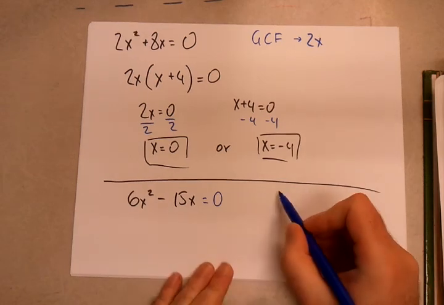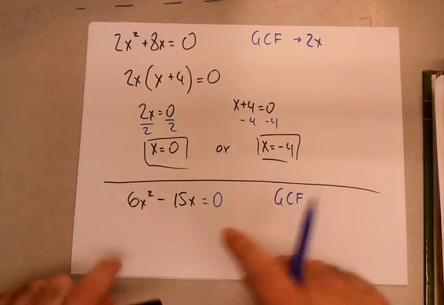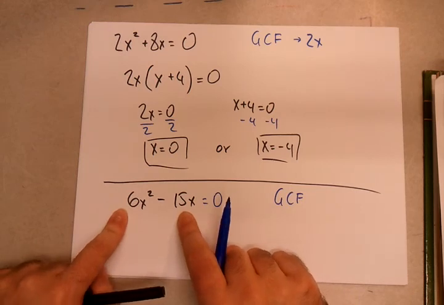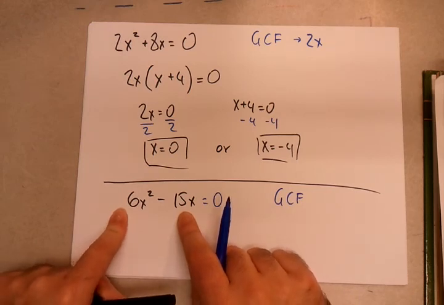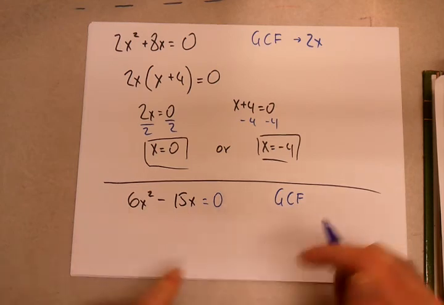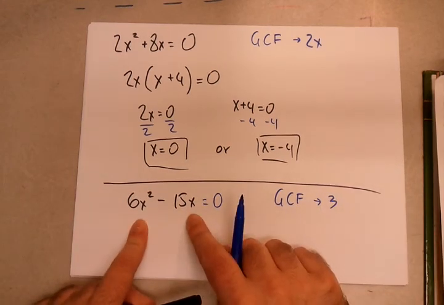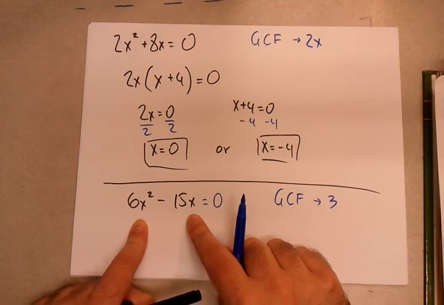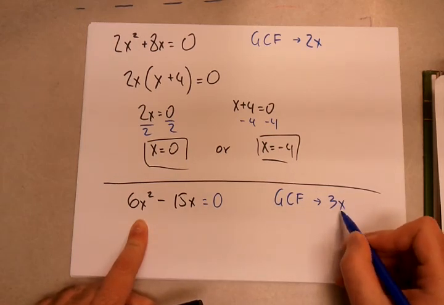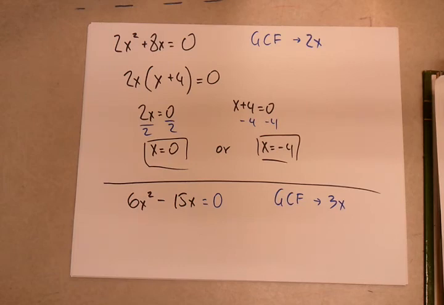So find the GCF. The GCF for the constants, the largest constant that goes into both 6 and 15, will be 3. And the largest variable that goes into both x to the first power and x squared is x to the first power. So it's going to be 3x. That's my GCF.